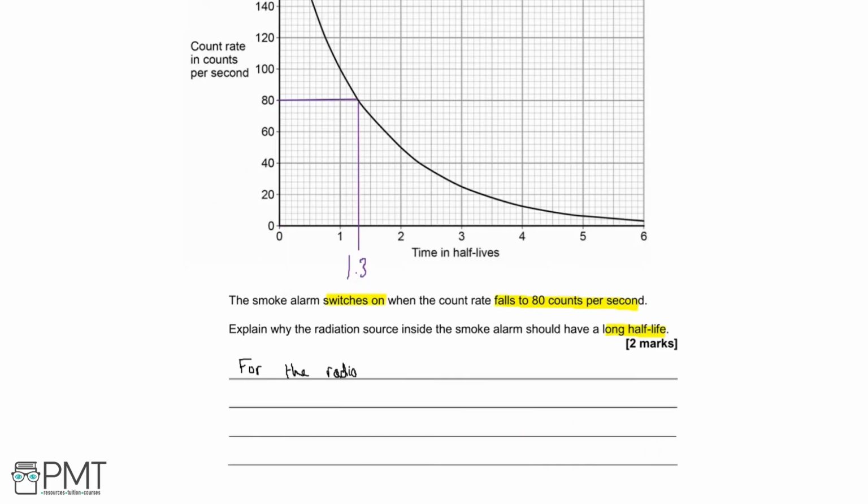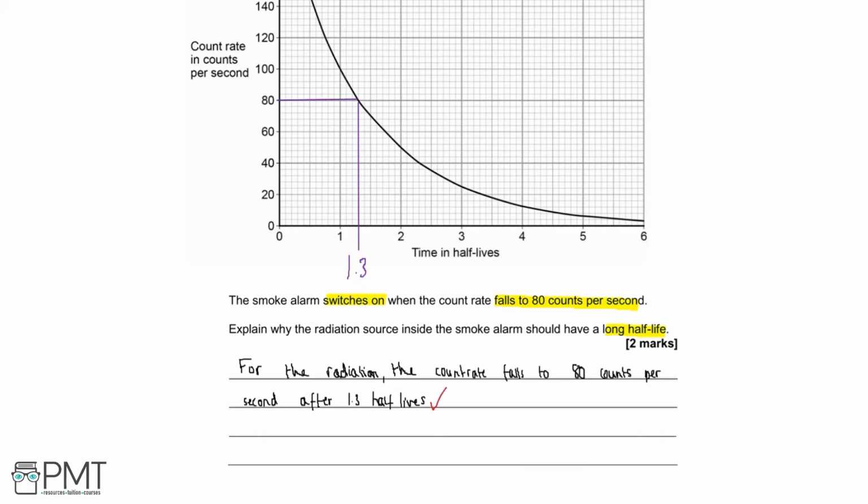This means that once the alpha radiation has gone through 1.3 half-lives, the count rate will be below 80. And we need to mention this in our answer to show that we've understood the graph. And this is our first mark.